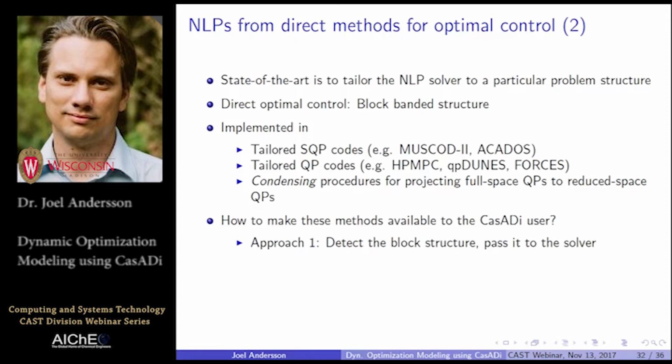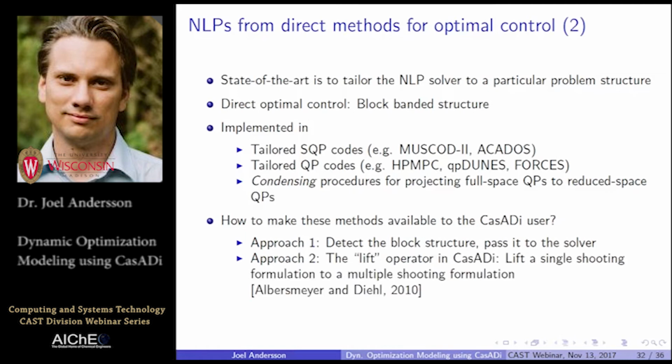And basically, we address this with two different approaches. One is to try to detect the block structure, which is typically not too difficult to do. It's a graph. I mean, it's about finding the strongly connected components of a graph.